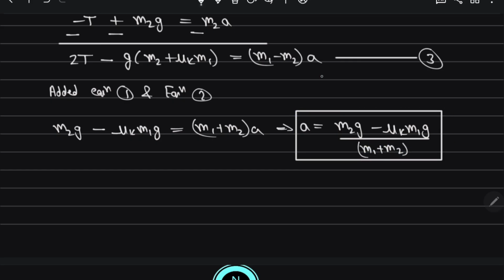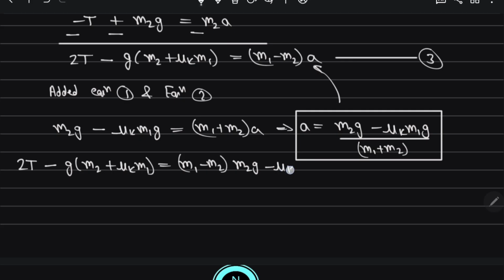So then after that put this value here, so 2T is equal to g times m2 plus mu k m1, that is equal to m1 minus m2, and here m2g minus mu k m1g divided by m1 plus m2.